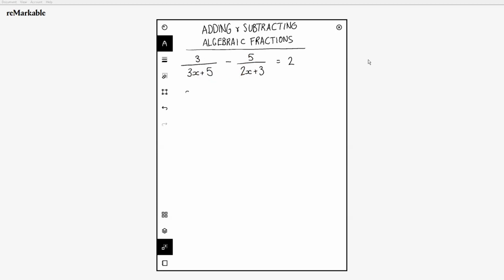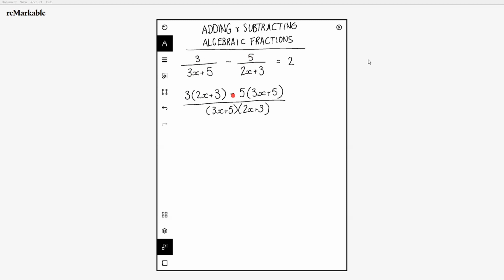So we multiply this numerator by 2x plus 3, and the other numerator is going to be multiplied by 3x plus 5. So those are our numerators, and as we said, the denominator is 3x plus 5 times 2x plus 3.